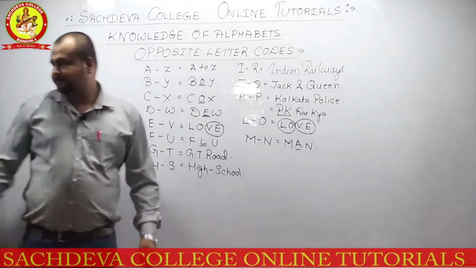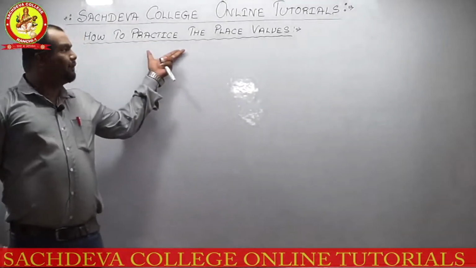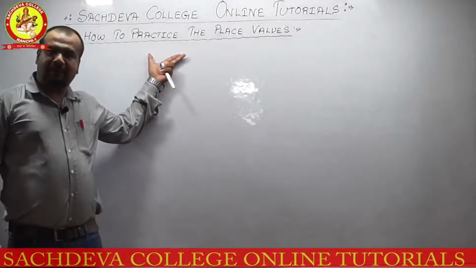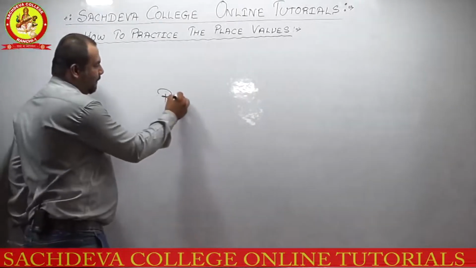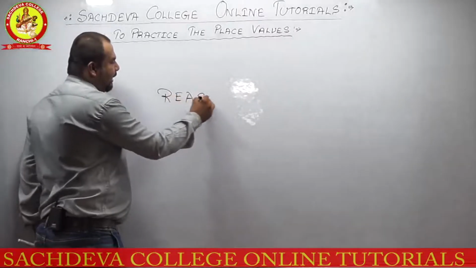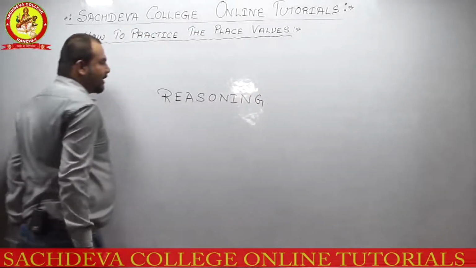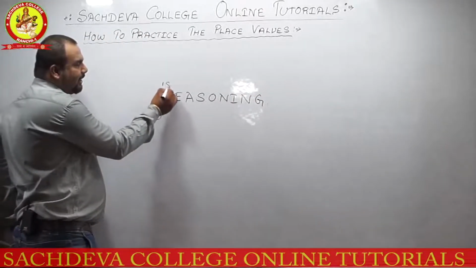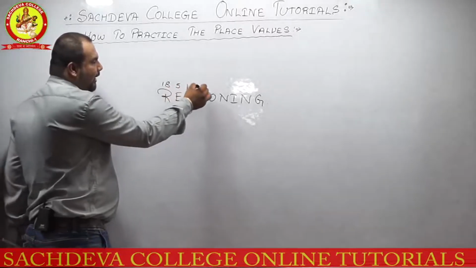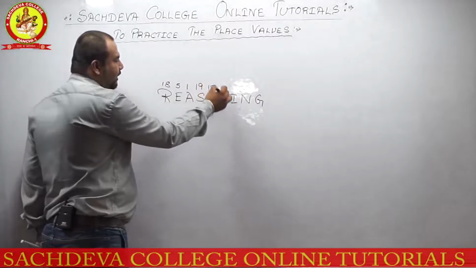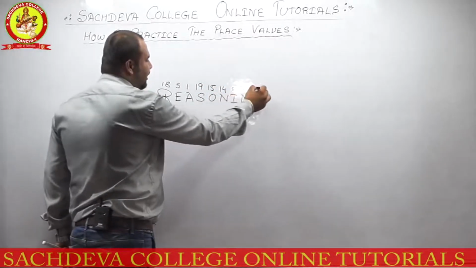Okay. Now, the next part is how to practice the place values of alphabets. The only method, for example, we have REASONING. Now, what you have to do is, R's place value is 18, then E's place value is 5, A 1, S 19, O 15, N 14, I 9, N 14, then G 7.